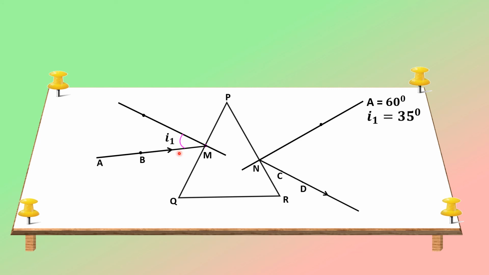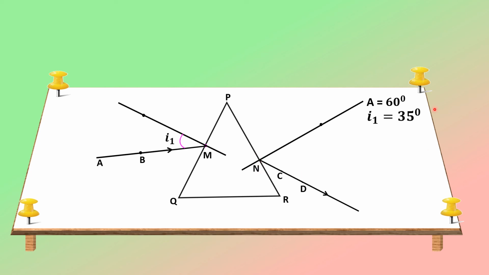So from this we can see, here AB is the incident ray and CD is the emergent ray. Now where is the refracted ray? If we join the two points M and N, if you draw a ray from M to N, that gives the refracted ray.